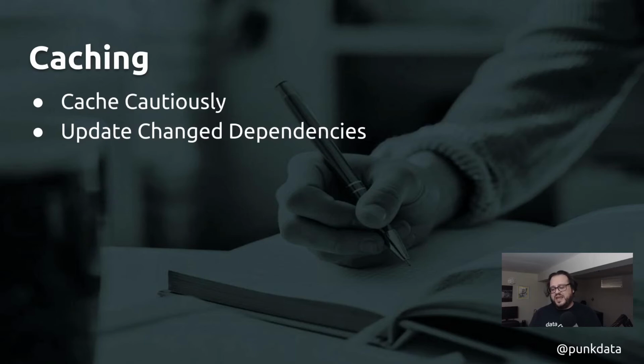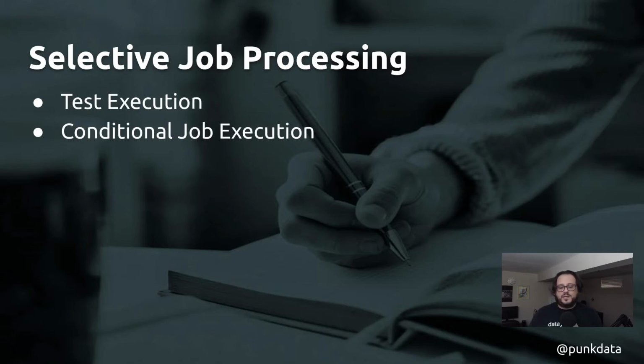Make sure you understand what your caching strategy is and how it's being implemented, and always keep an eye on the size of your cache and try to figure out more efficient ways to manipulate and utilize that cache. Also, selective job processing, as I mentioned, right? Figure out what tests need to be run during what stage in your pipeline. So that helps with keeping the execution of redundant tests down to a minimum.